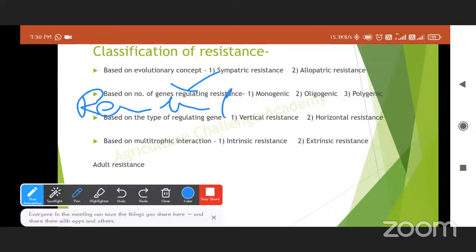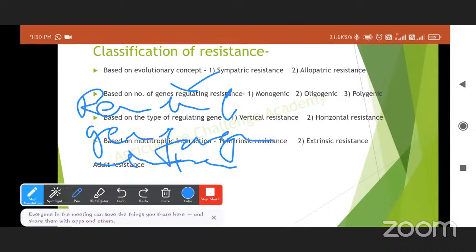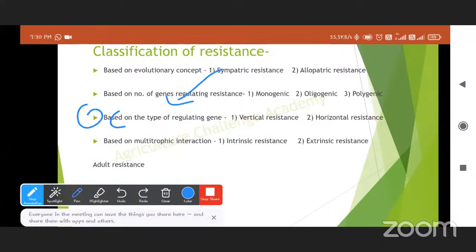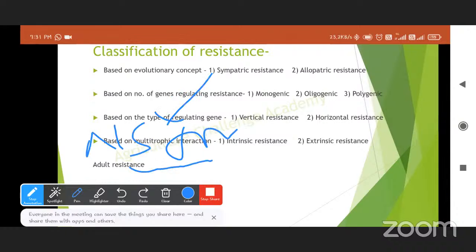Resistance is a result of gene for gene interaction during that co-evolutionary process. There is a gene for gene kind of interaction between pest and the plant, and therefore resistance gets developed. And sympatric resistance occurs due to natural selection for resistance in the plant.